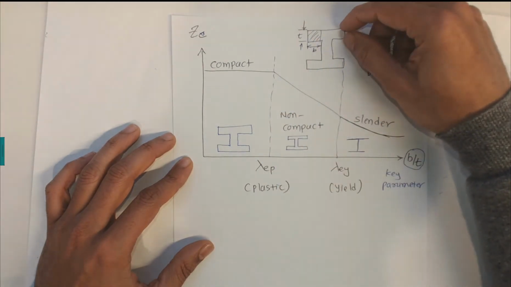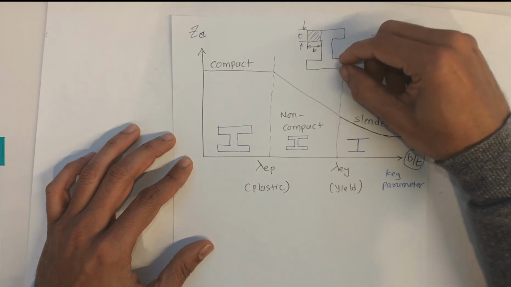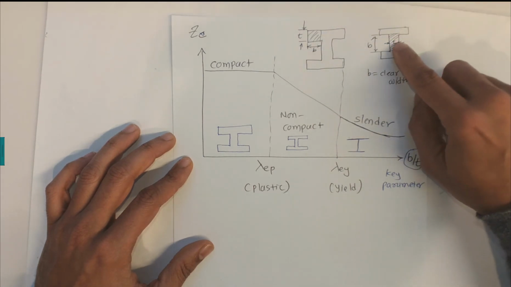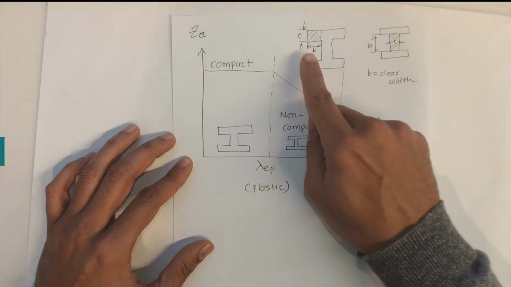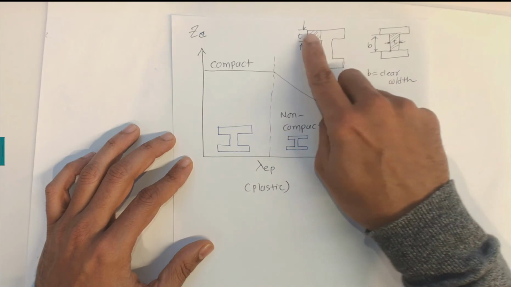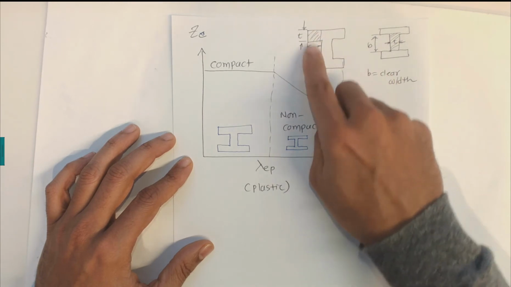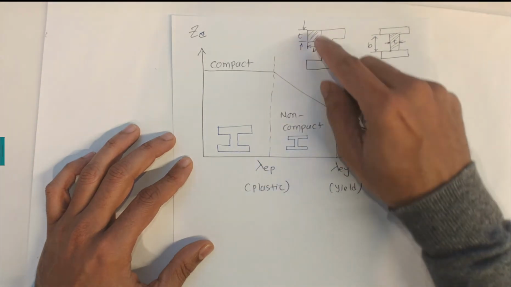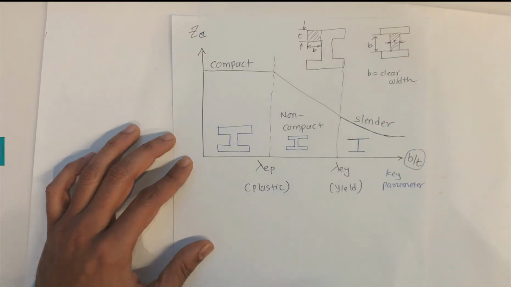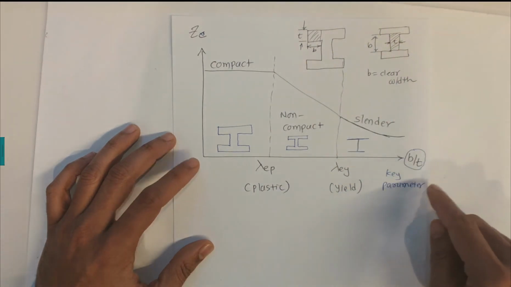For example, this is the top flange, the bottom flange, and that is the web. I highlighted the web, and these are the flanges. If you want to calculate b over t for the flange, it is like this, the outstand. And for the web, we have a clear width b and thickness t. So that is the definition of b and t.